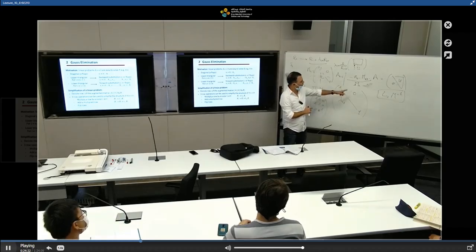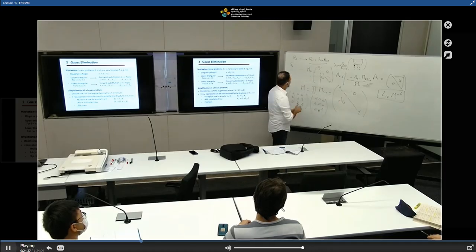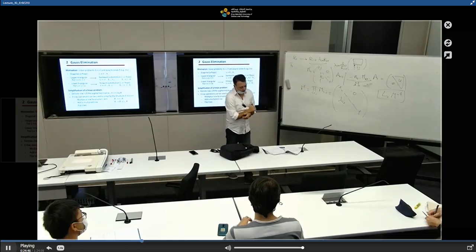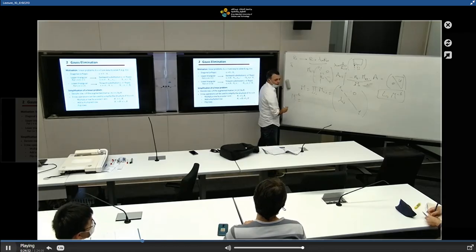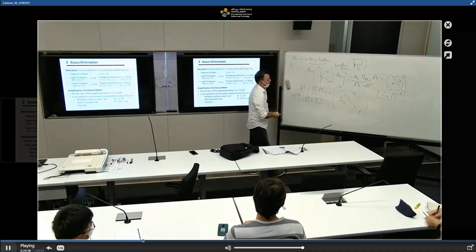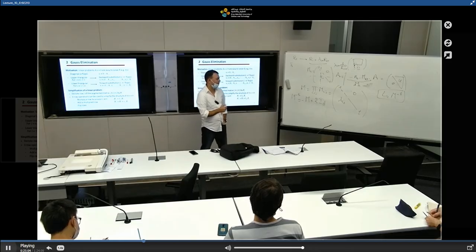Okay? So now I showed that M is lower triangular. What about L? We can easily show that M minus 1 is equal to... how do you show that?